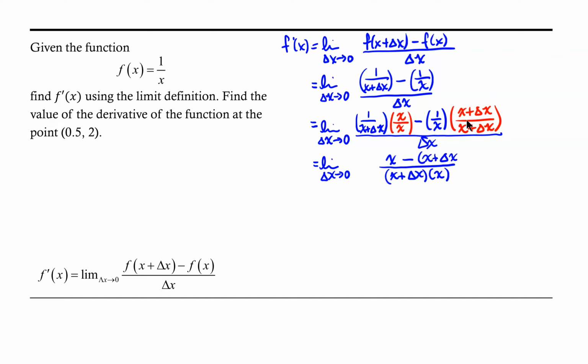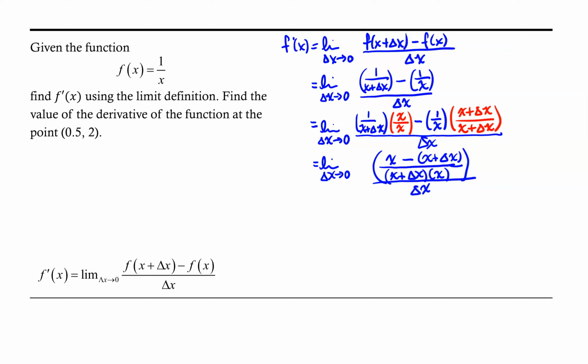Now notice it is minus, or subtract, that entire quantity. So we need to be careful with that minus sign, which is why I put parentheses around the x plus delta x.